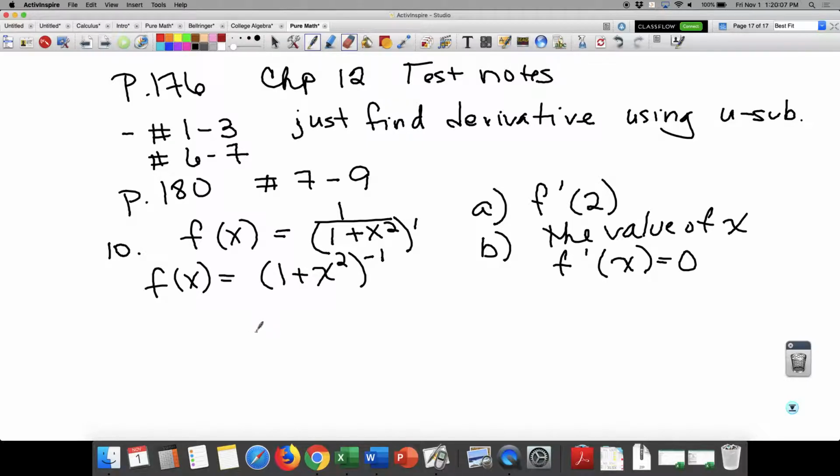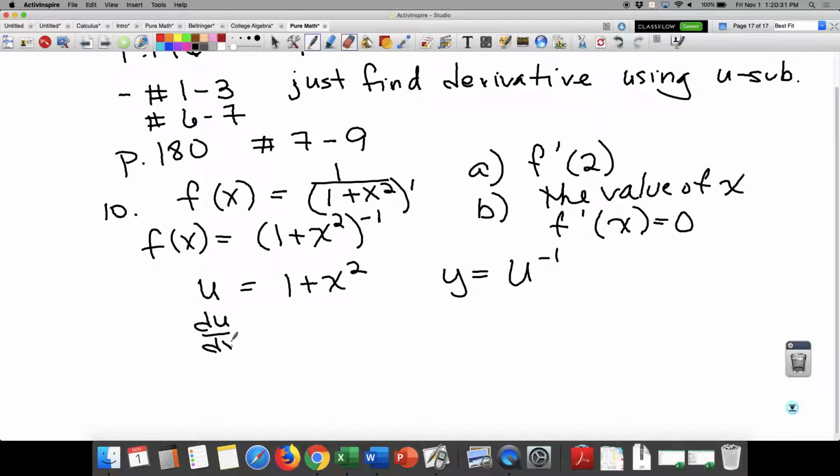Now, I want to use U substitution because I have grouping here. So, excuse me, u equals 1 plus x squared. So that means y equals u to the negative 1. Now, you should be getting fairly proficient at this chain rule.